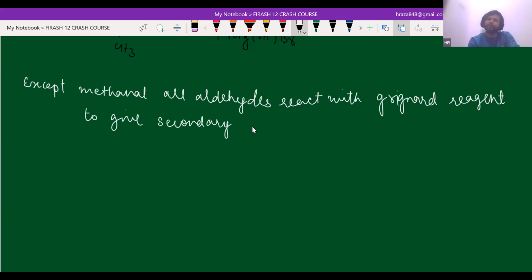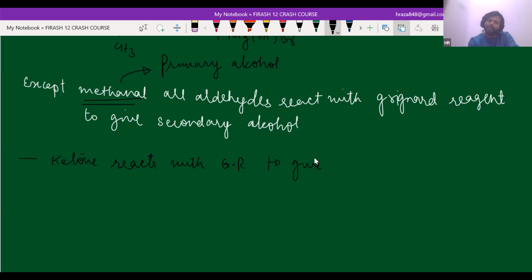Secondary alcohol. If you are going to use ethanal, propanal, butanal, then you will get secondary alcohol. But with methanal, you will get primary alcohol. If you are looking at your notes, it will be primary alcohol. And a ketone reacts with Grignard reagent to give tertiary alcohol. Is that clear?